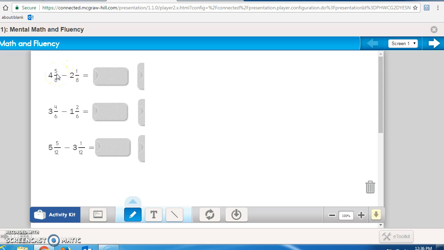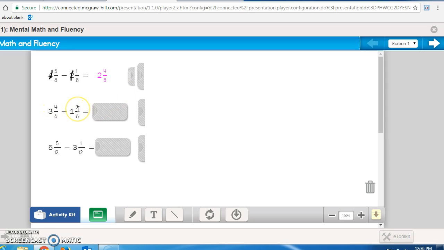I can. So what I'll simply do first is subtract the whole numbers, 4 minus 2. I know that 4 minus 2 is 2. Now I subtract the numerators. 5 minus 1 is 4. My denominator, since they're both the same, stays the same. So it's 2 4/8, or 2 1/2.